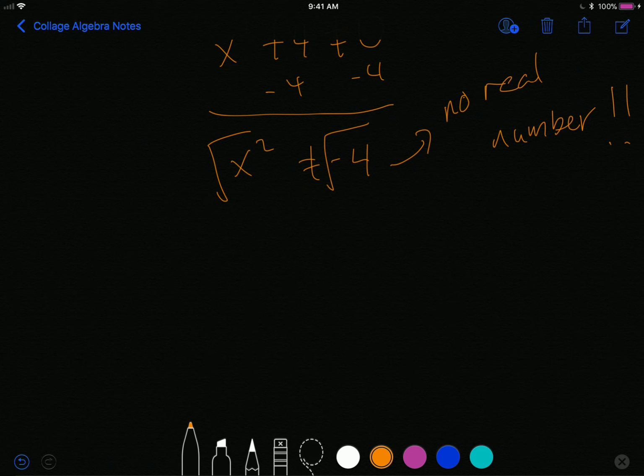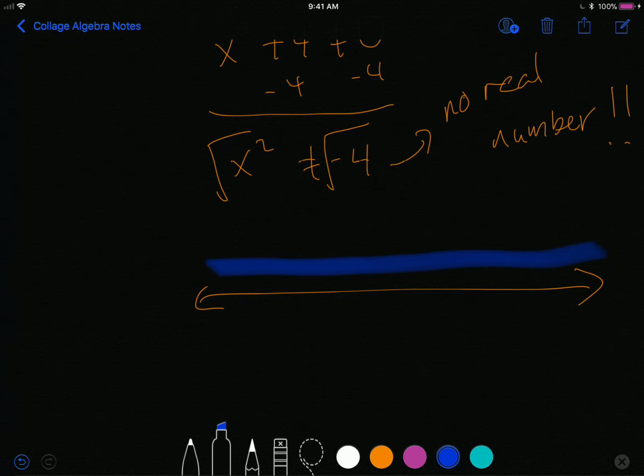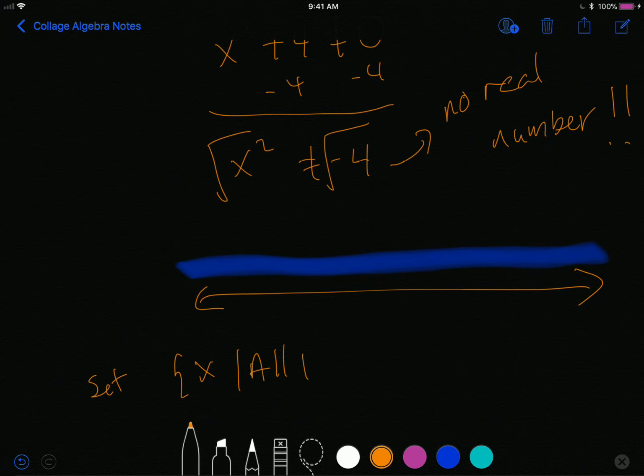And so, if I have my number line and there are no restrictions, it means that I'm going to have to shade the entire number line. If I have to shade the entire number line, it means the answer in set builder notation is x such that x is in all reals.